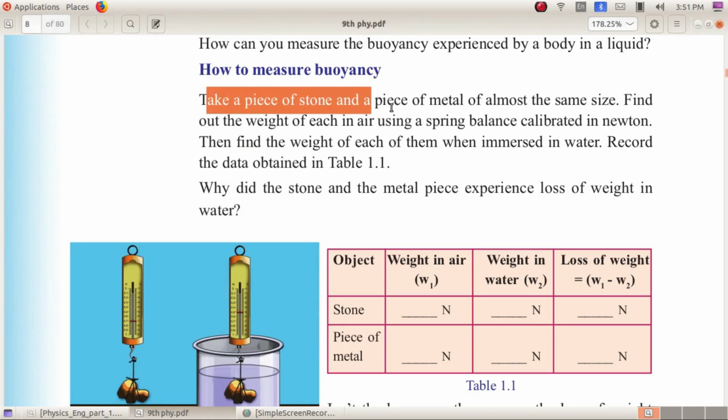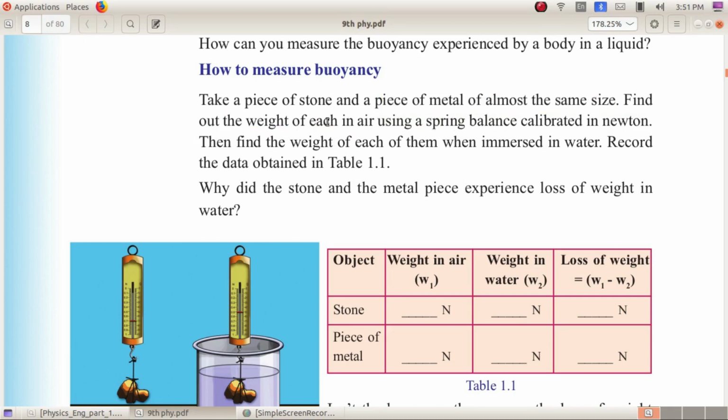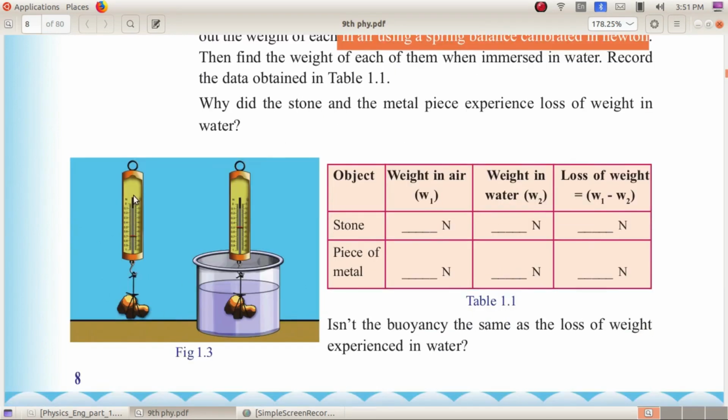Loss of weight means the difference between the weight in air and the weight in water. That is, the loss of weight is equal to W1 minus W2, where W1 is the weight in air and W2 is the weight in water.